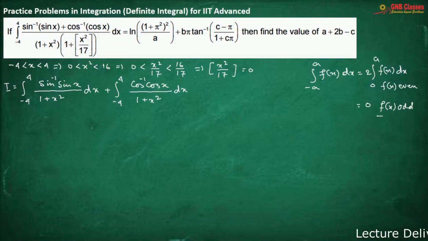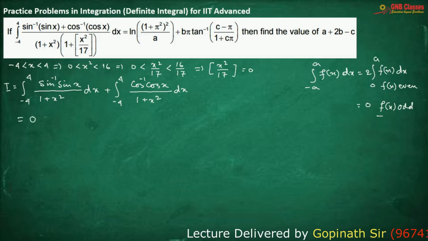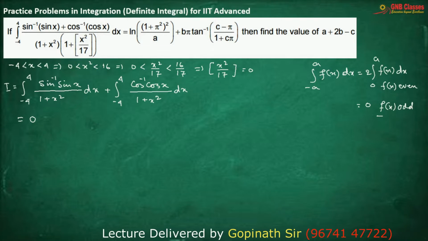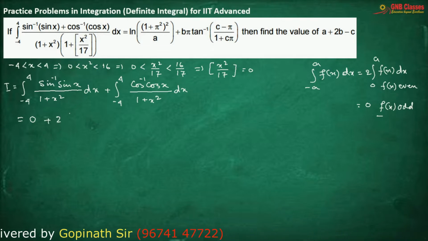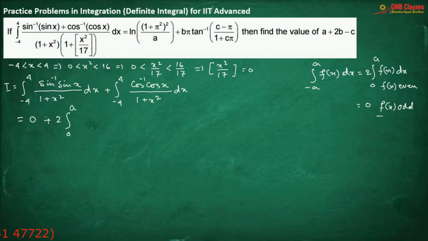For the first part of the integral, this one will become 0 because sin⁻¹(sin x) is an odd function, right? And for the second integral, it will be 2 times the integral from 0 to a, that is, in case of a here, it will be 4, of cos⁻¹(cos x)/(1 + x²) dx. Is this clear to everyone?